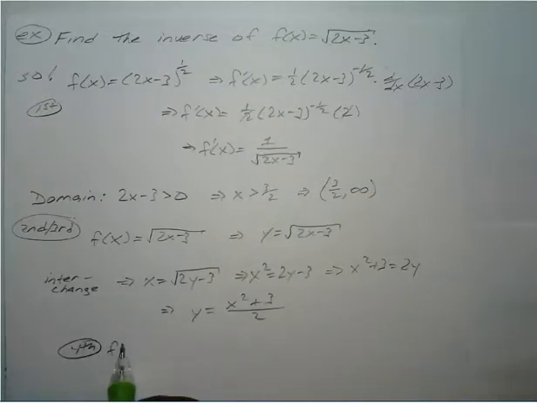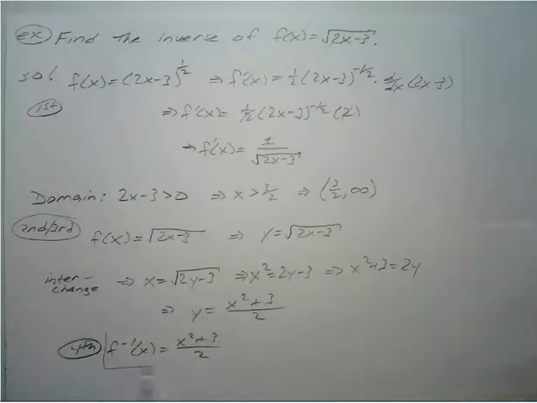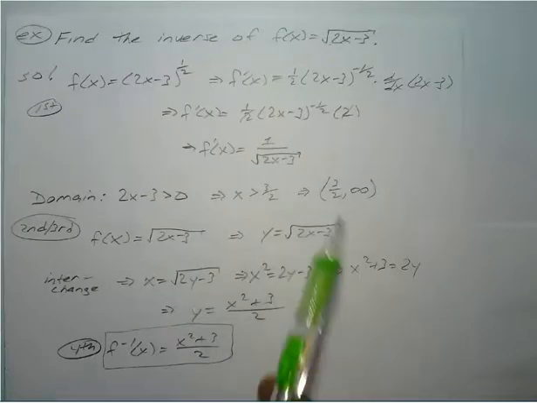Which means we change that y to f inverse of x, which is (x squared plus 3) over 2. So this is your inverse of f of x, as long as it's over the proper domain. It's not for every real number, but just for the domain.